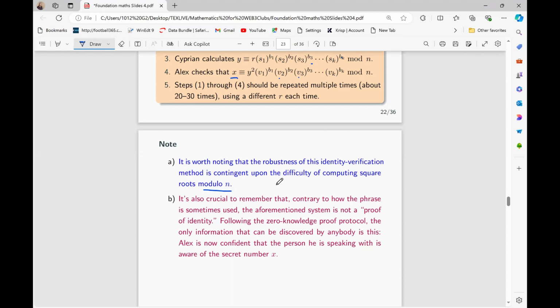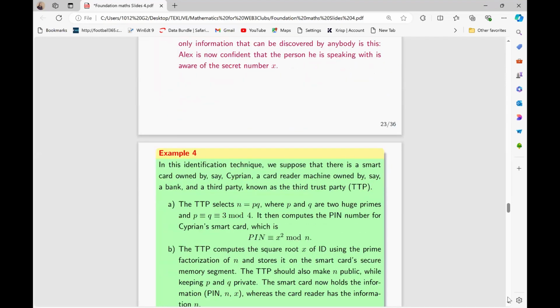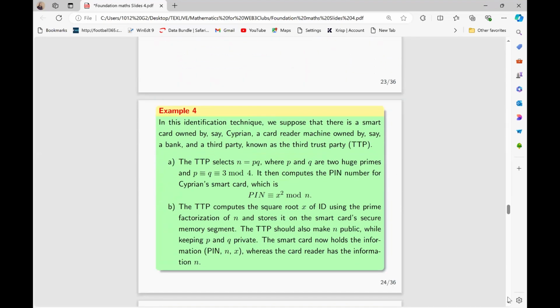So what makes this method secure is the fact that it's very hard to compute the square root in modular arithmetic. At your own time, look at Example 4.